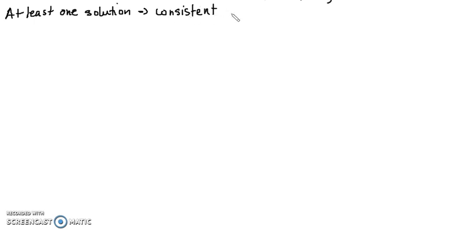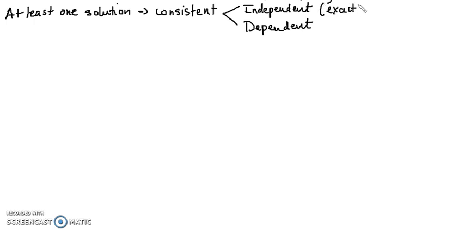So a consistent system can be either independent or dependent. For example, in the independent system, we have exactly one solution.